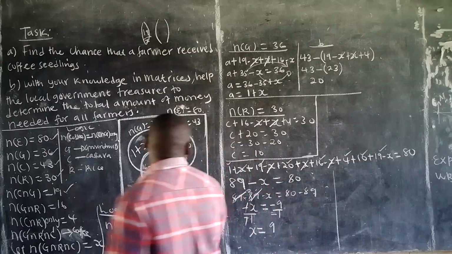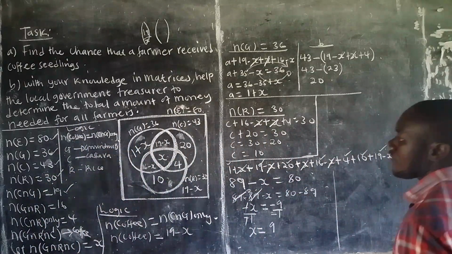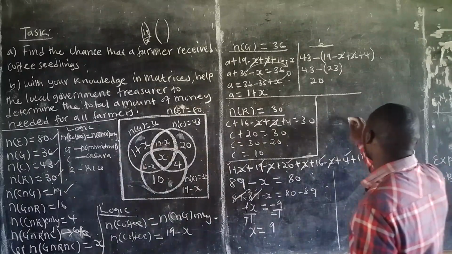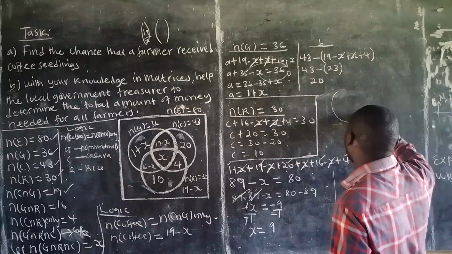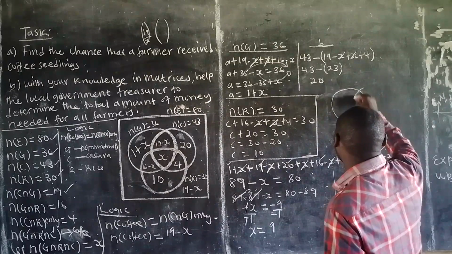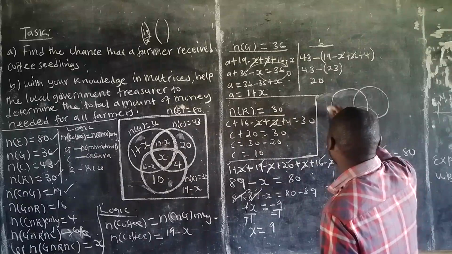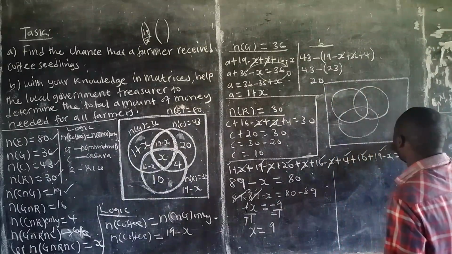Now since we have the value of X, we can think of redrawing our Venn diagram. If you want us to redraw, then we can redraw it. It's good to redraw such that you can easily refer.